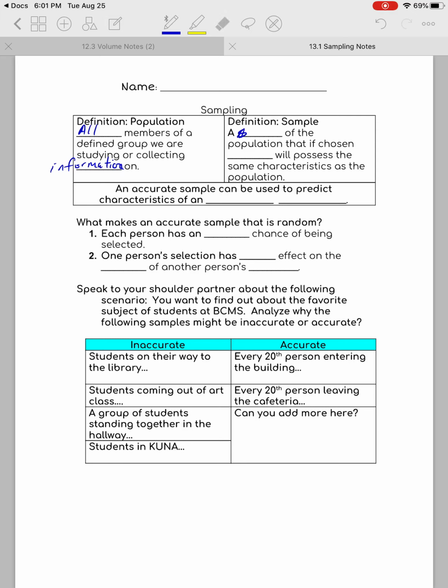A sample of the population that is chosen randomly will possess the same characteristics as the population. And this word right here, random, is very important when we're talking about statistics. An accurate sample can be used to predict characteristics of an entire population.